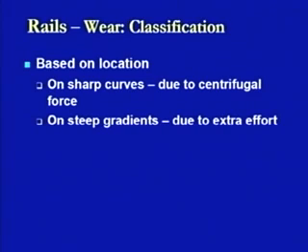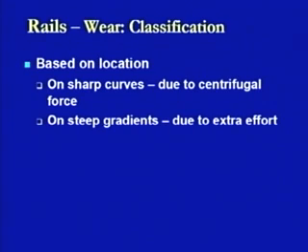Another location where the wear will happen is because of steep gradients. In the case of steep gradients, as we have seen in the case of creep also, if there is a movement of the rolling stock in the upward direction, or a movement in the downward direction, both are going to create effects in opposite directions to each other.